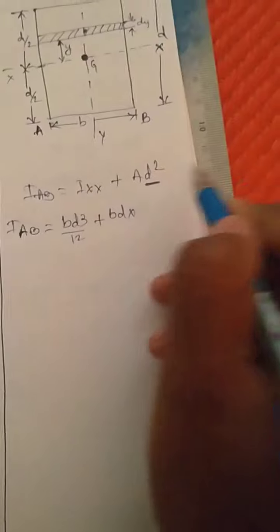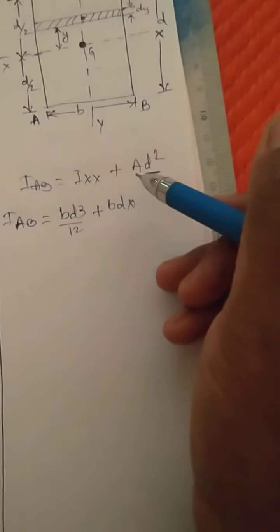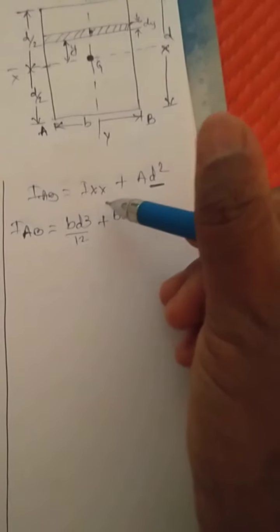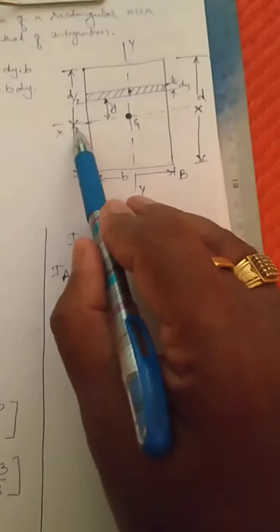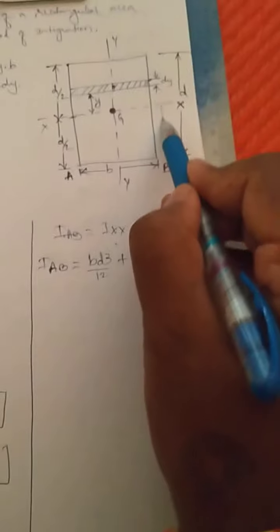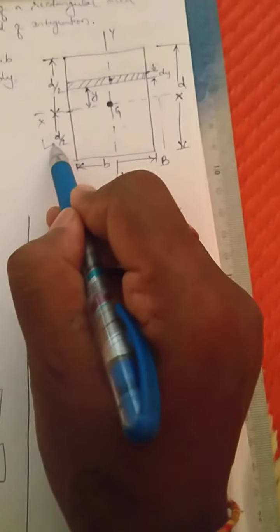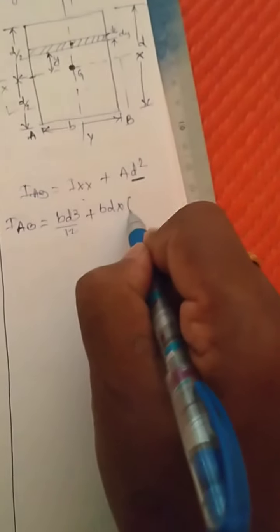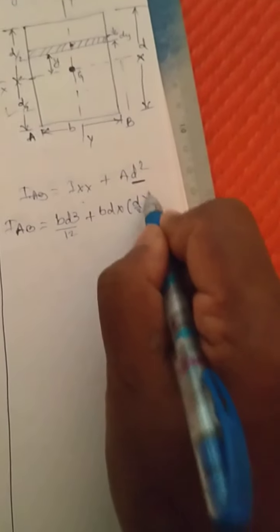In the parallel axis theorem, d square is the distance between the two parallel axes. Here we have used Ixx, so from xx to AB the distance between these two parallel axes is d by 2. Wherever d appears, substitute d by 2 whole square.